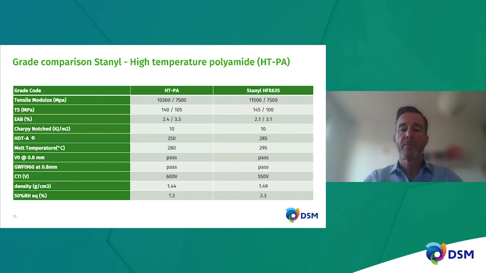If you look at the property profile of Stanyl HFX 63S, you see that our material matches this mechanical performance and even outperforms this material thermomechanically. So if you look at the HDT A, it's 285 instead of 250, and a melting temperature of 295 instead of 280. So this makes the application window of Stanyl HFX 63S even bigger than the high temperature polyamide.